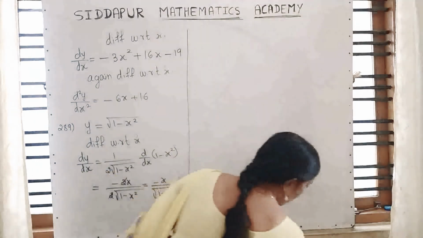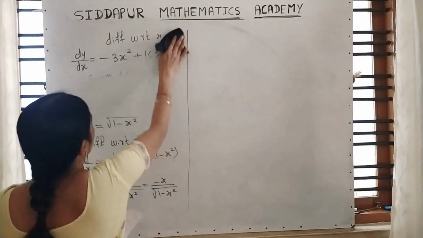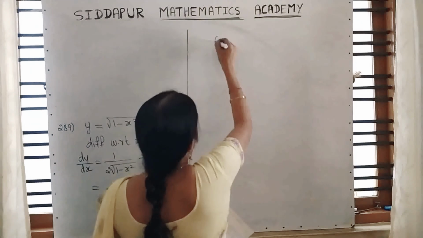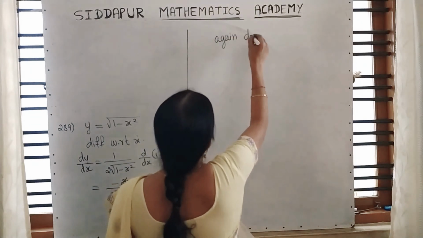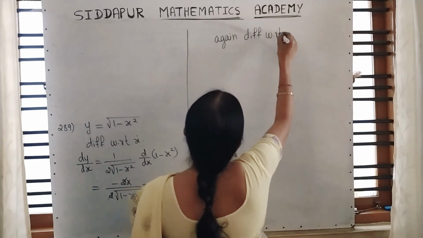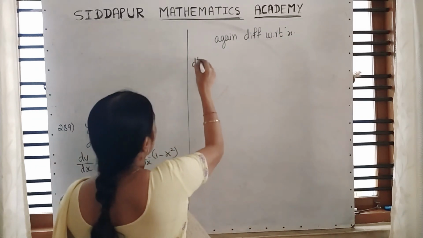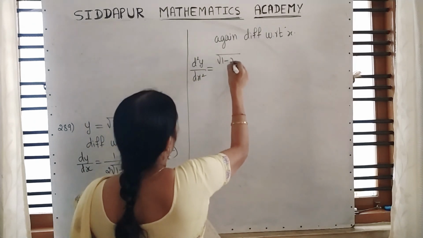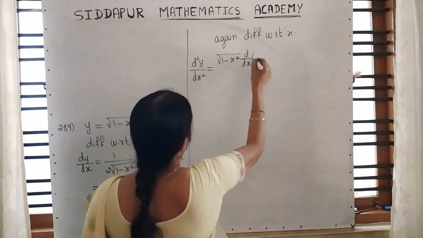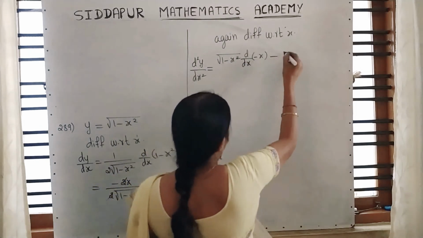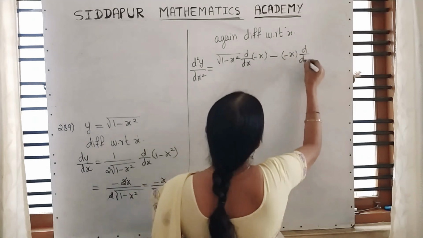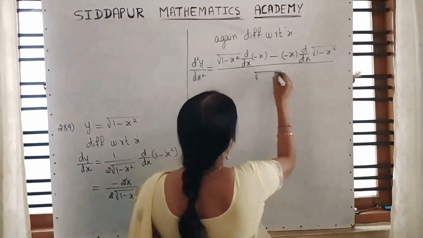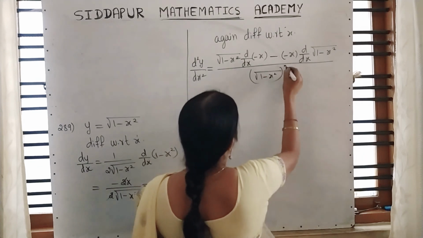Then double derivative means this answer we have to differentiate next. That is u by v method. Again differentiating with respect to x, d square y upon dx square is equal to root of 1 minus x square into differentiation of minus x, minus x into differentiation of root 1 minus x square, whole divided by root of 1 minus x square.